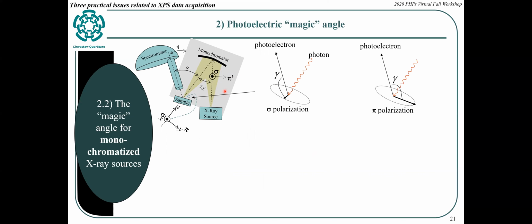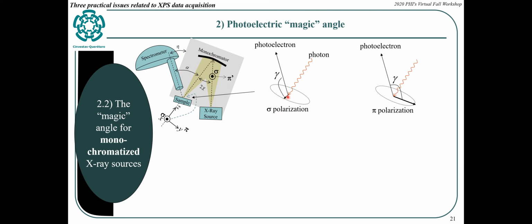the history is different. Here you have a source that hits, in most cases, a quartz monocrystal that directs and focuses the X-rays into the sample. So in this case, we have two important polarization directions.